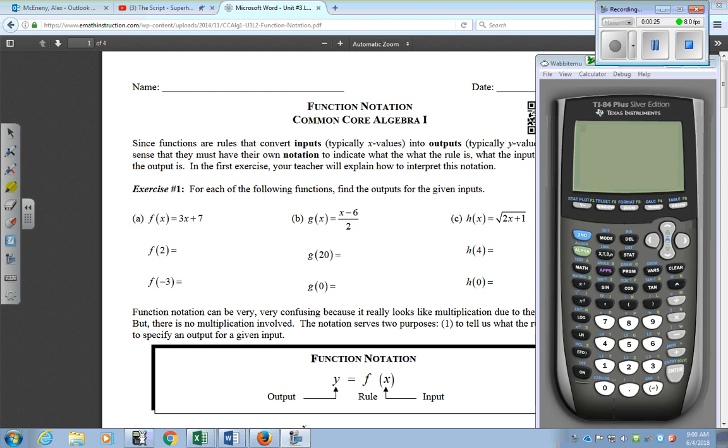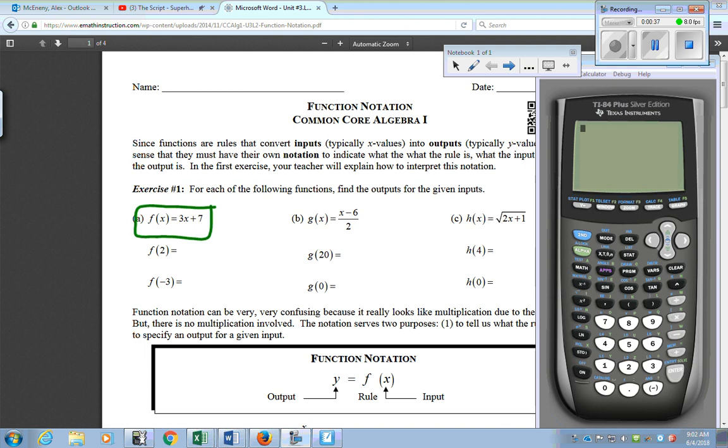The first thing is they give you a function rule, and the reason they do this is they're just dealing with the name. The first rule is f, and the idea behind this rule is you're taking a value of x, multiplying by 3, and adding 7. For this first one, you're going to replace the x with the number 2.